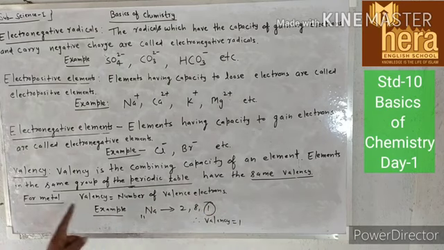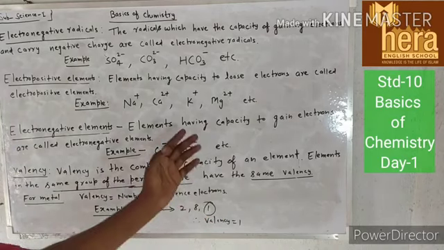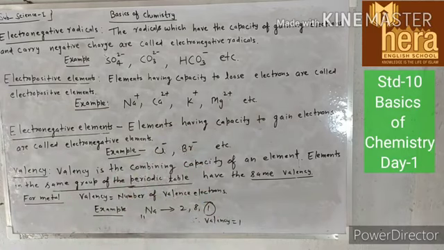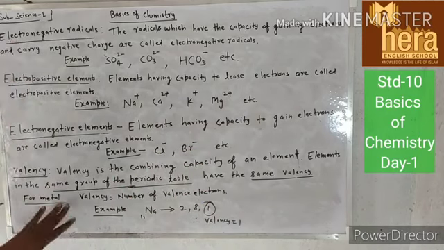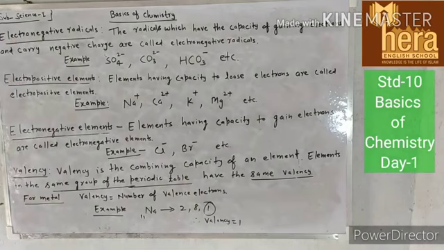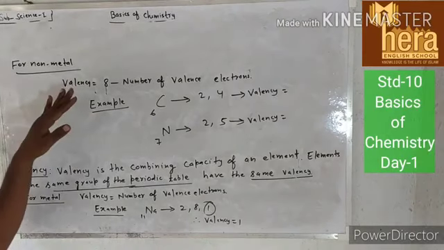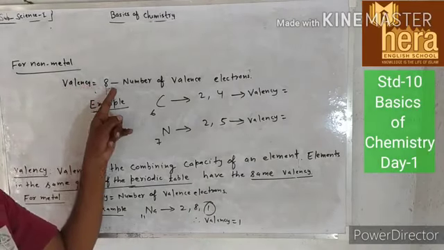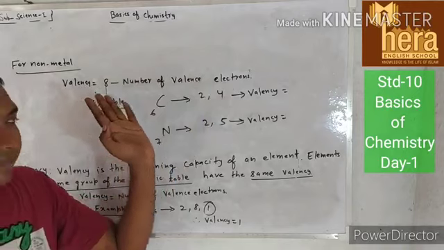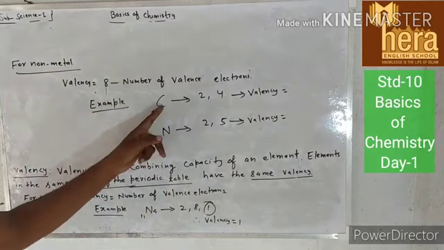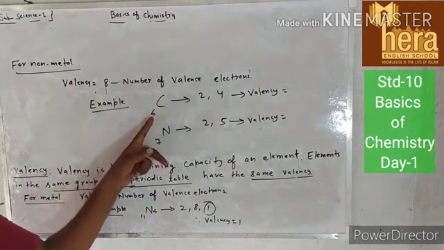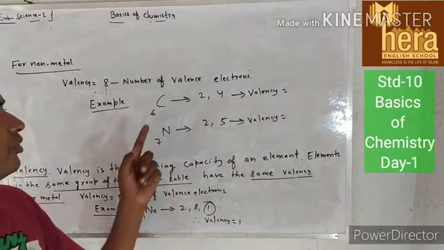For non-metals, valency will be equal to 8 minus the number of valence electrons. I will write here: for non-metals, valency equals 8 minus the number of valence electrons. For example, C6. Here 6 is the atomic number, and I have told you what atomic number is.